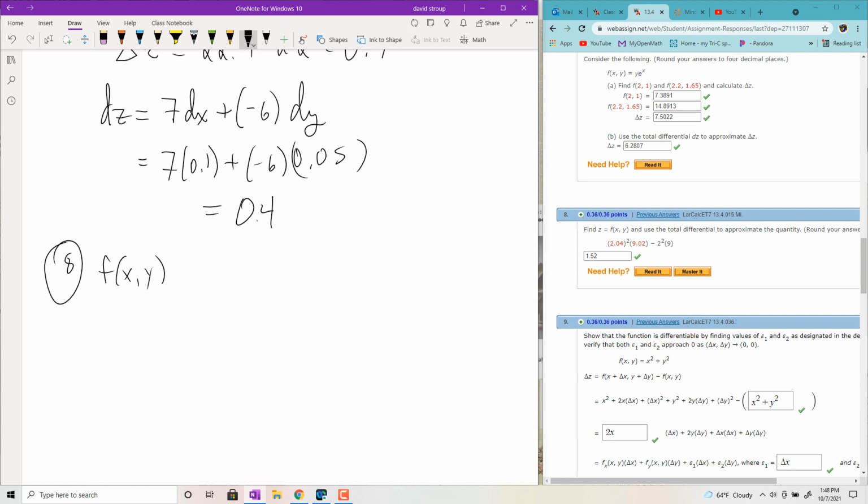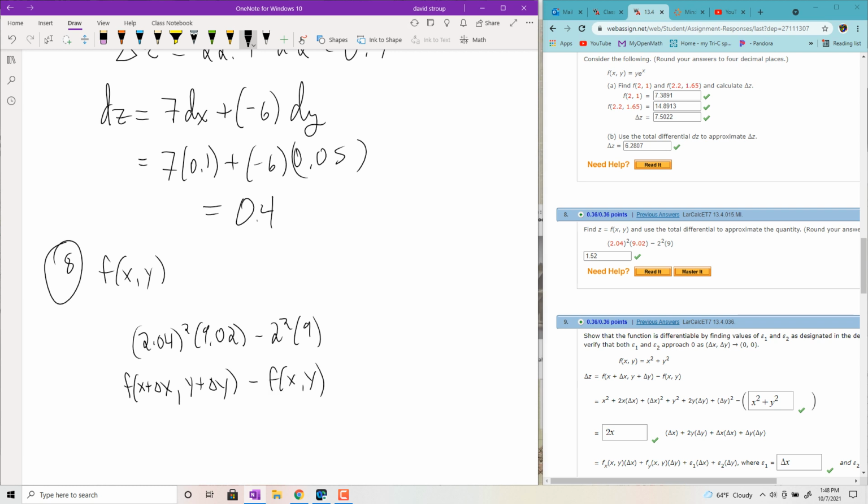Okay? So they want you to approximate 2.04 squared times 9.02 minus 2 squared times 9. So what is this? This is f of x plus change in x, comma, y plus change in y, minus f of x, comma, y. Okay?